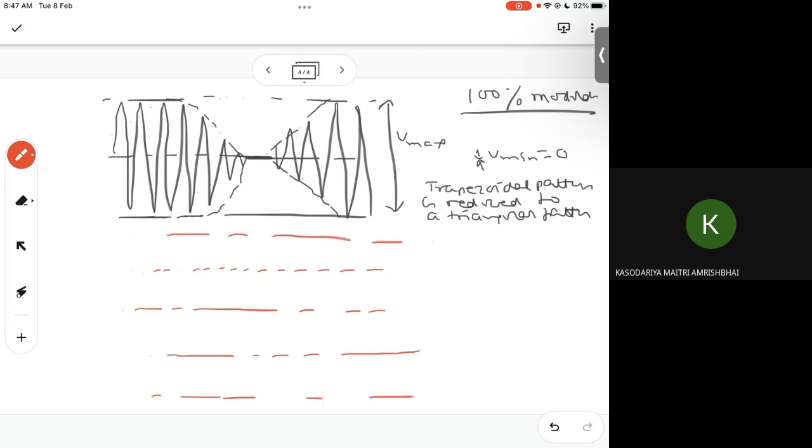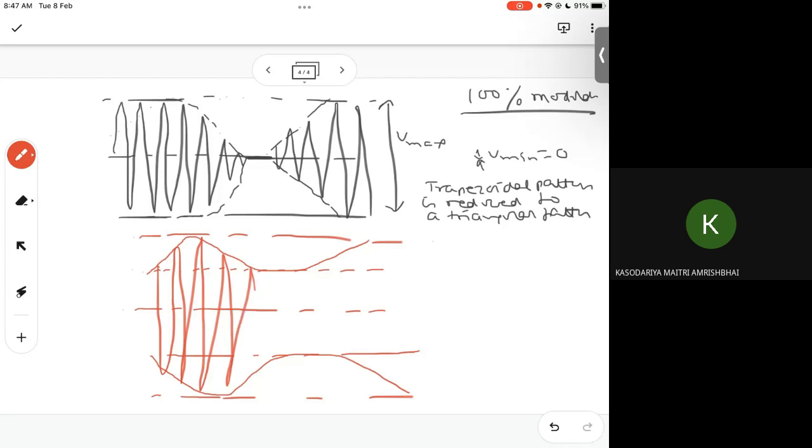In this case, my pattern will look something like this. Here, the minimum will not go to 0, as you see here.